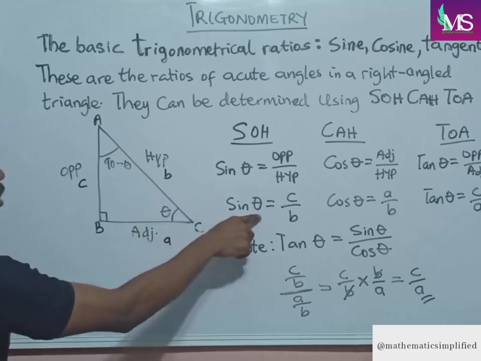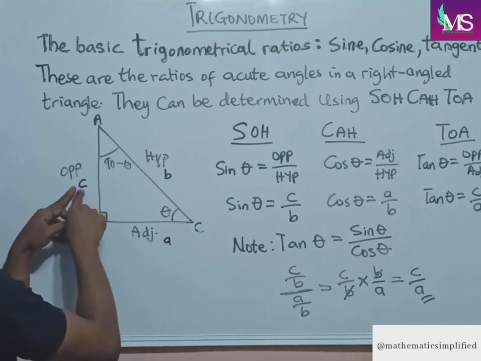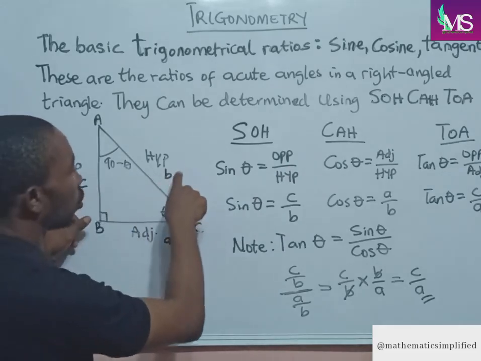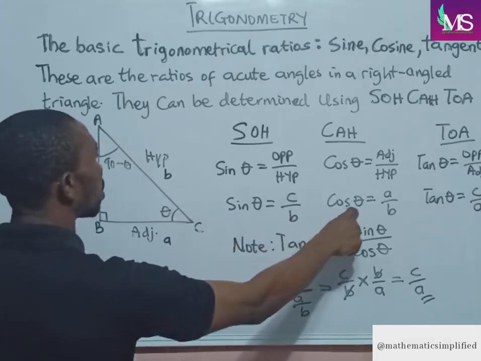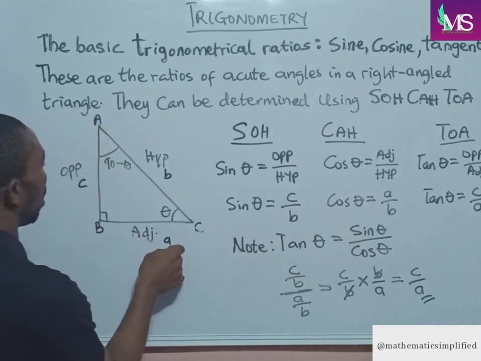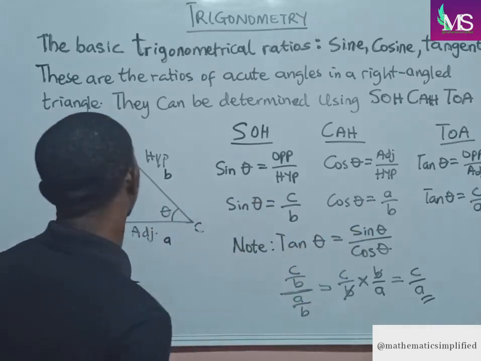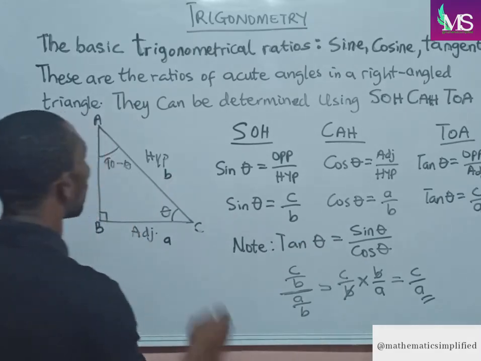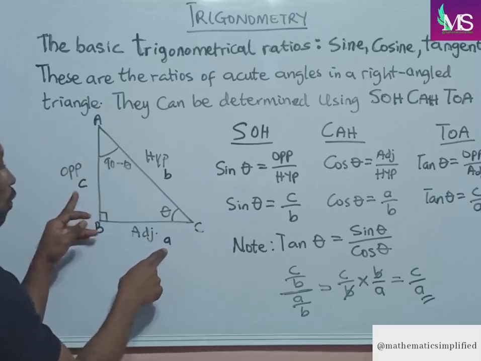So our sin theta, which is opposite over hypotenuse, will become c over b. And cos theta, which is adjacent over hypotenuse, will become a over b. Then our tan theta, opposite over adjacent, will become c over a.